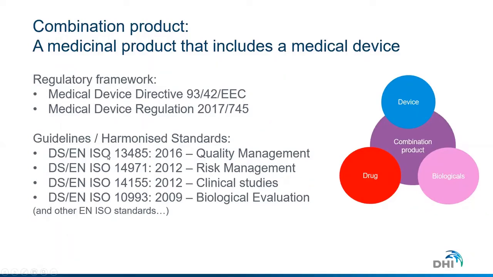That is the ISO 13485 on the quality management systems for medical devices, the ISO 14971 on risk management for medical devices, the ISO 14155 for clinical studies and how to apply good clinical practice when studying clinical effect of medical devices, and then ISO 10993 to assess biological evaluation for medical devices.